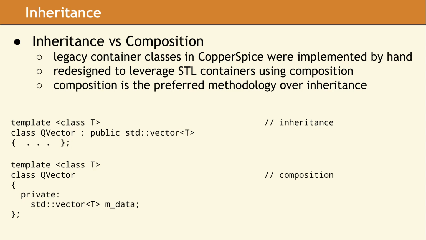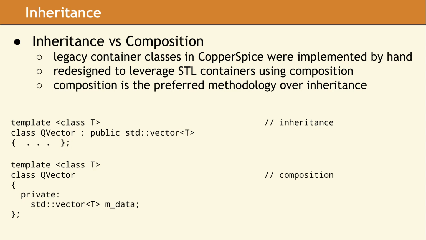With the composition approach, you are required to explicitly write wrappers for every method you want to expose, which means changes to the parent class will not affect your API. For example, if they decide to change the API for std vector, the API in CopperSpice is not affected.